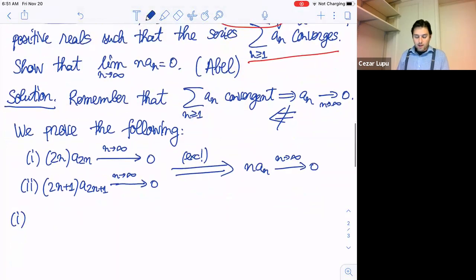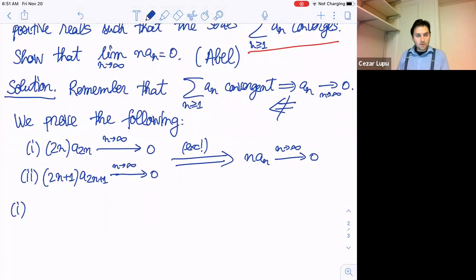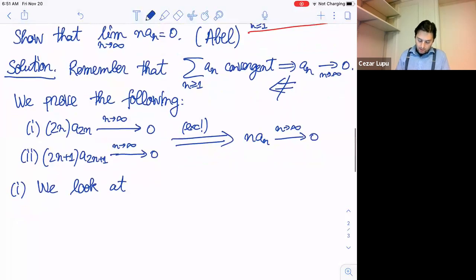Okay, let's look at these terms, 2n times a sub 2n. In fact, let me write them here. 2n a sub 2n is greater or equal than 0, whatever. So I'm trying to bound this from above by something that will converge to 0.